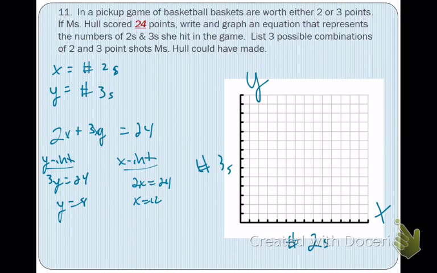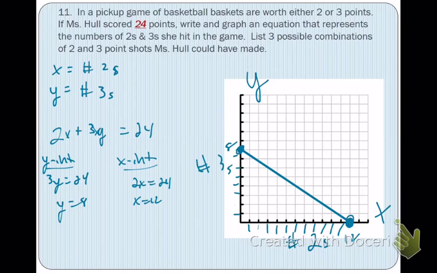So go up to 1, 2, 3, 4, 5, 6, 7, 8 on the y-axis. And then x is 12: 1, 2, 3, 4, 5, 6, 7, 8, 9, 10, 11, so that's 12. This is 8. And we have to draw a nice straight line.